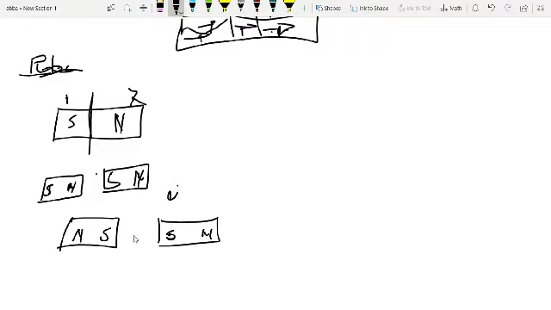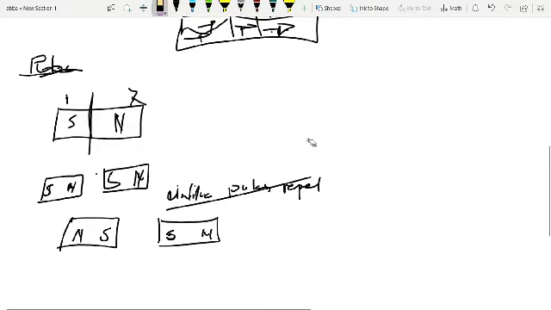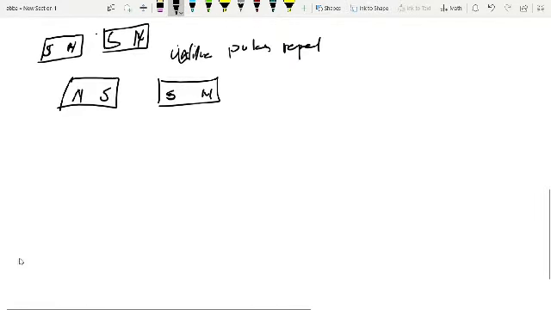I'm saying these poles will never attract each other, right? We continue to conclude and say what? Unlike poles do what? Repel, right? Because the poles are not the same, they repel. Now, unlike poles repel.